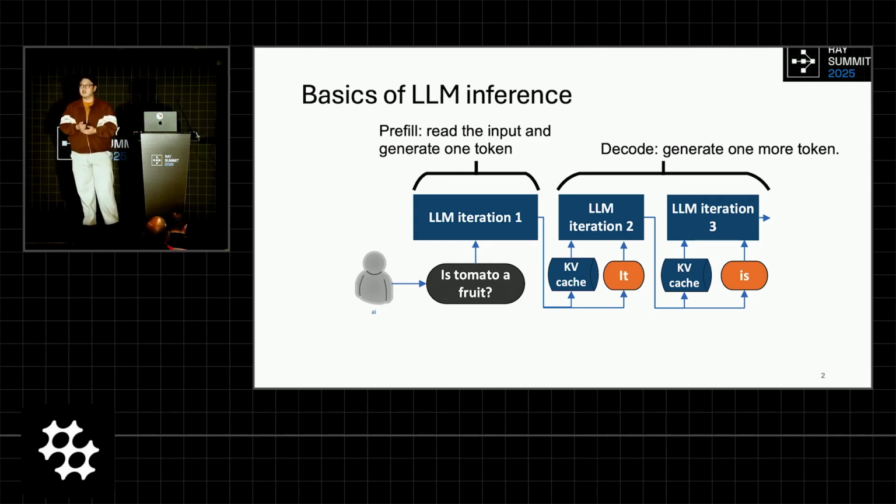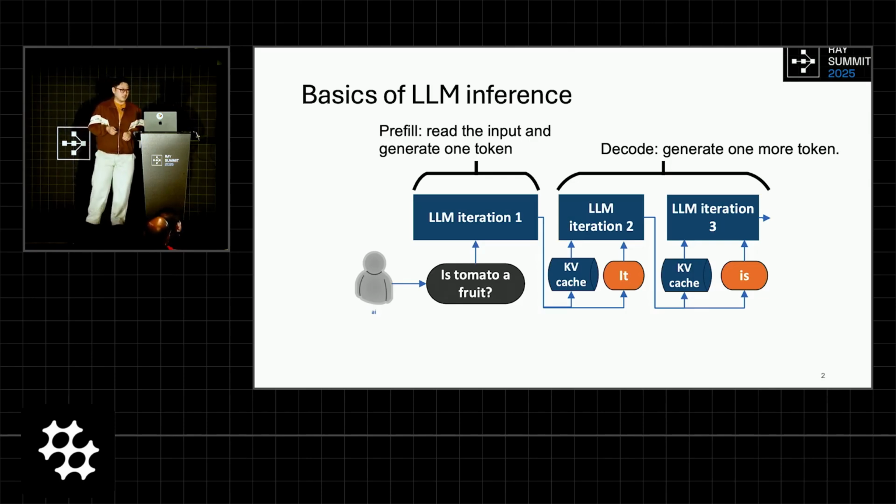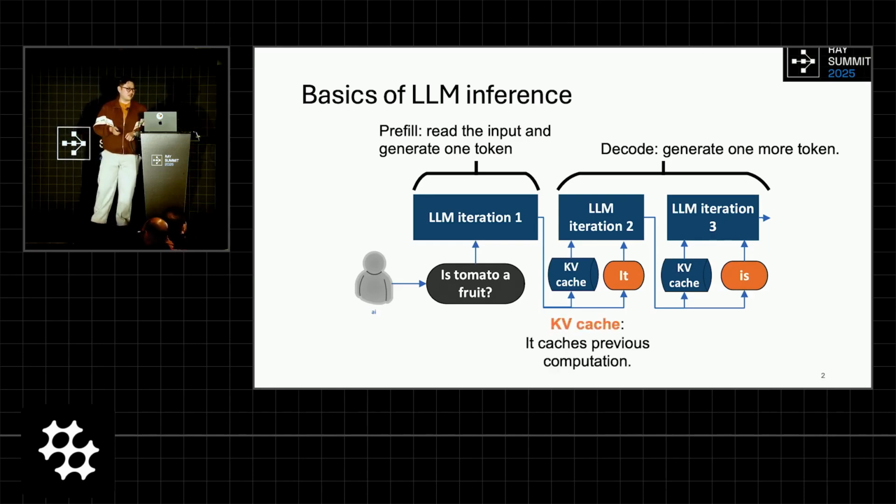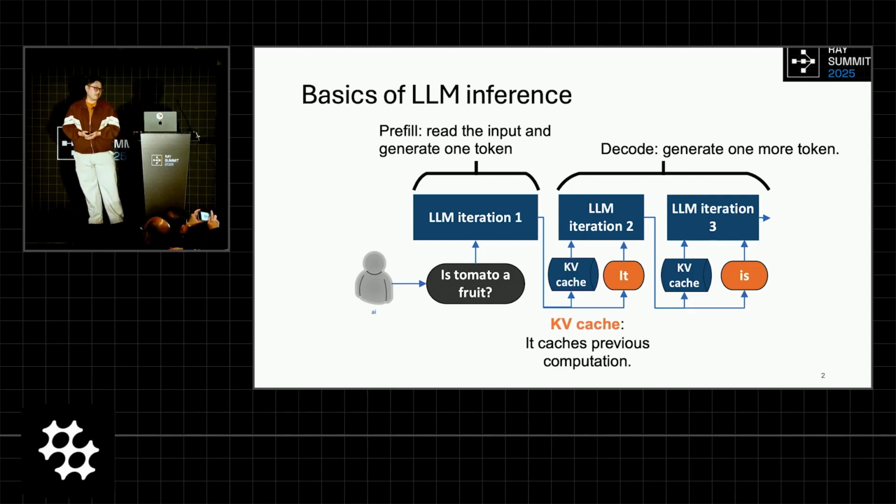Basically, large language model inference is separated into two stages. The first stage is called prefill, where the model reads the whole input and generates one single output token. Decode just generates one more token after the previously generated tokens. But the key thing here is a special data called the KV cache.